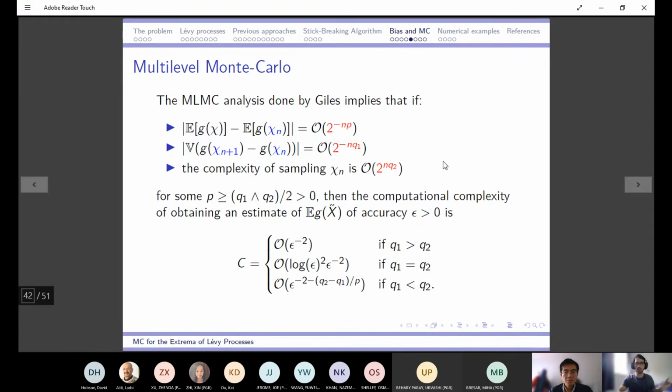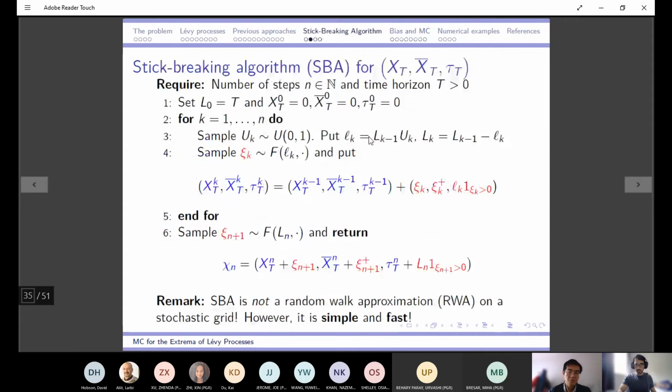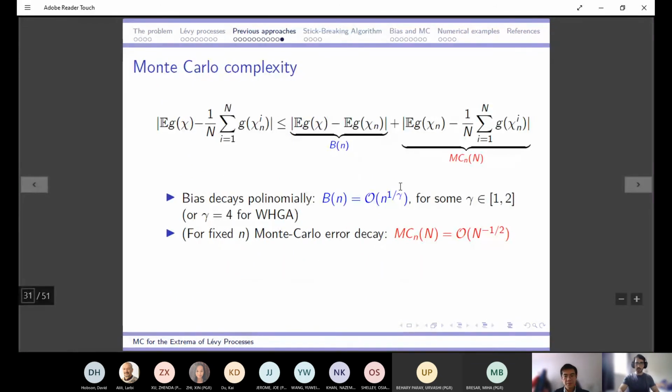So what am I supposed to do? Well, you just play with it. Instead of doing an approximation at level n, so discretizing the grid in n steps, you will discretize the grid in 2 to the n steps. So immediately the bias decreases geometrically fast. It would be like substituting n by 2 to the n. So now you will get something geometrically small. You force it to be geometric. And the variance between one approximation and the next one is also geometric.